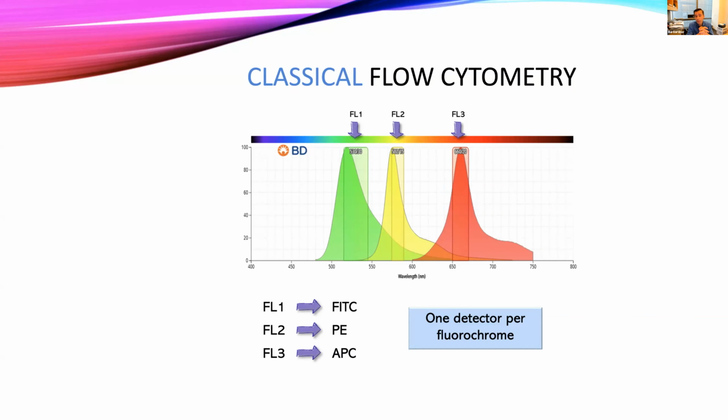One of the important things to understand is that classical flow cytometry is spectral. Actually, all flow cytometry is spectral. The big difference between this approach and full spectrum is that here we're looking at just a small window of each emission spectrum for each fluorochrome.